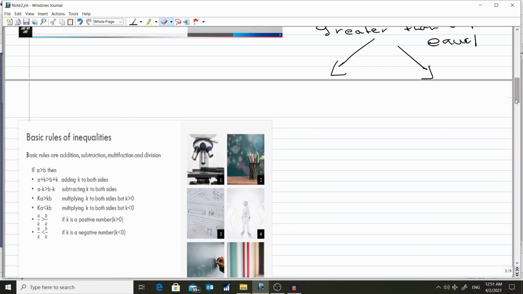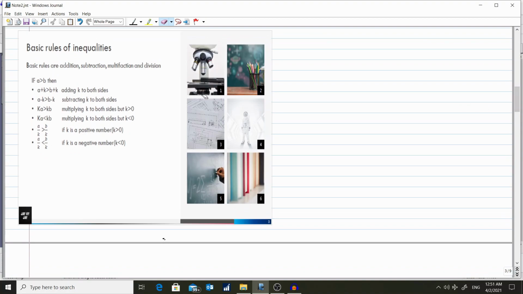Now we are coming to the basic rules of inequalities. In this theory section, I'm going to explain the main basic rules, the rules that we learned when we were in grades 6, 7 and 10. What are these rules?